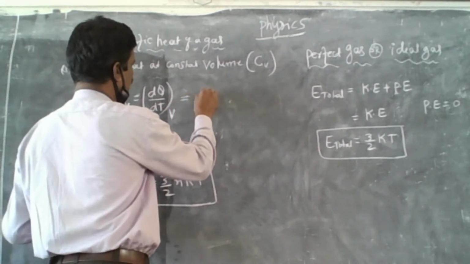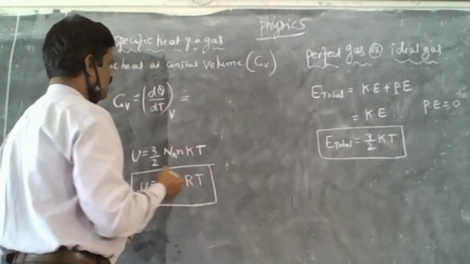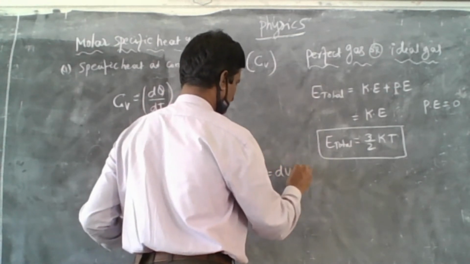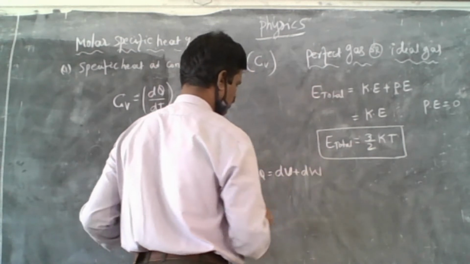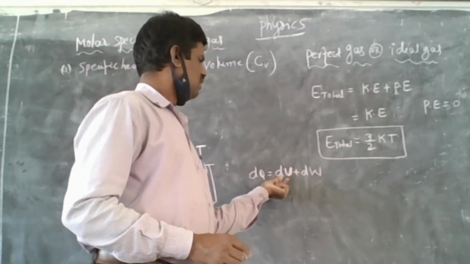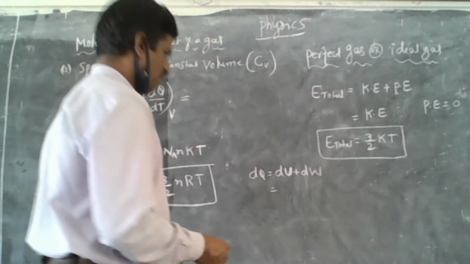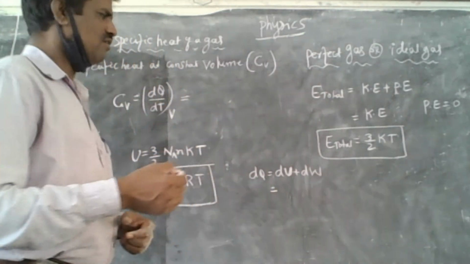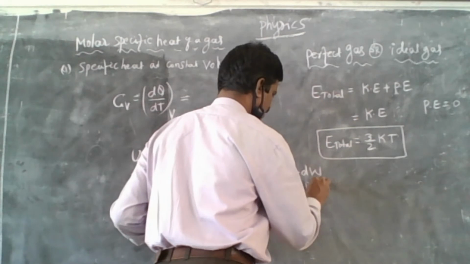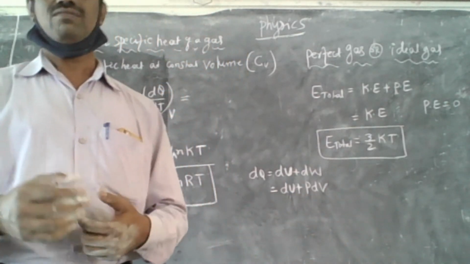Here dQ is equal to the change in internal energy, because according to thermodynamics, dQ is equal to dU plus dW. dU is the internal energy change, and dW is the work done, which is P dV.